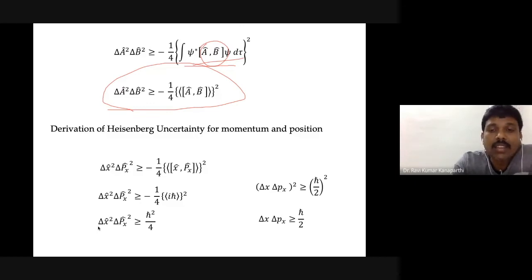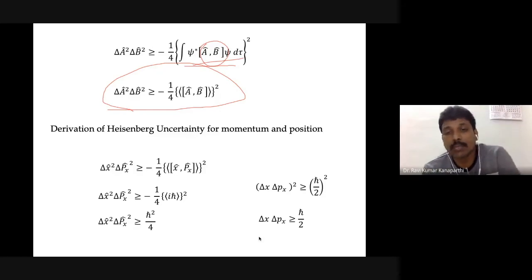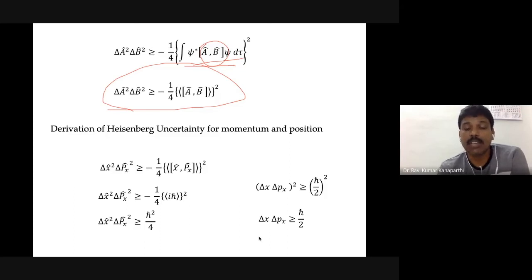Delta x multiplied by delta px must be greater than or equal to h cross by 2, which we normally write as h by 4 pi, because h cross is nothing but h by 2 pi. So on the right hand side it is h by 4 pi. That is the Heisenberg uncertainty relation for the two observables, momentum and position.